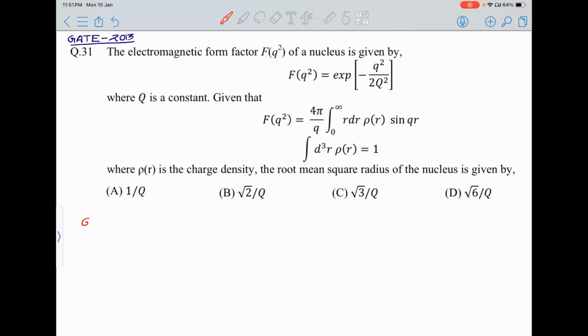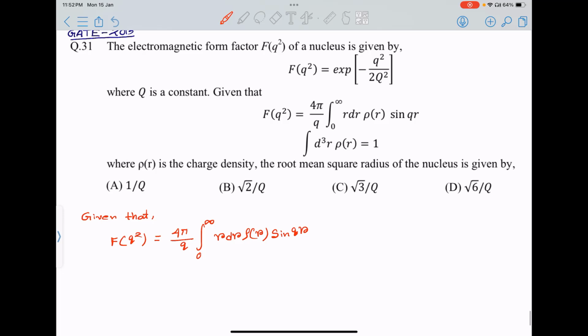Given that F(q²) = (4π/q) ∫ from 0 to infinity r dr ρ(r) sin(qr).